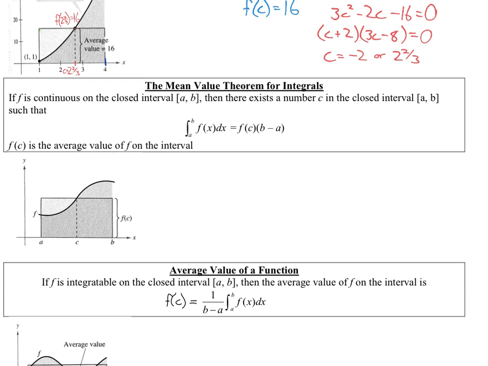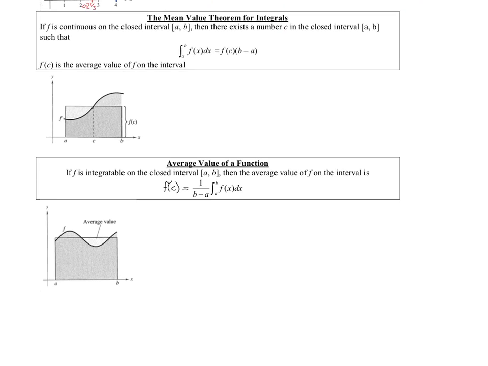Okay? Well, this is the one that has the name, the mean value theorem. You'll probably end up using it in this form a little bit more. Okay? So that's the idea there.